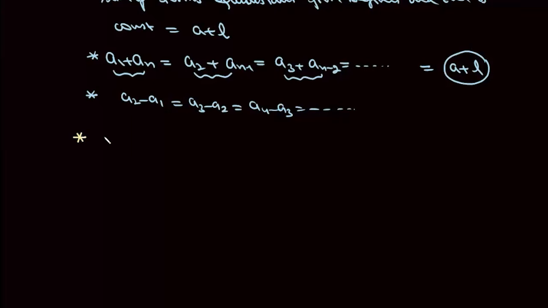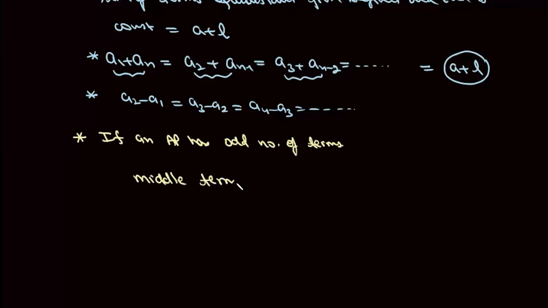Now, if an AP has an odd number of terms, then its middle term will be given by (a plus l) by 2. Say we have this series a1, a2, a3, up to an, where n is an odd number. So let n be 2m plus 1.